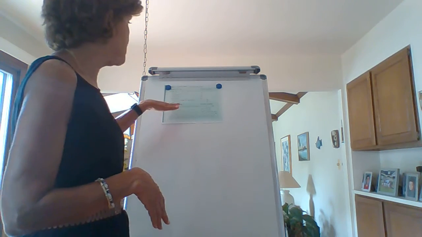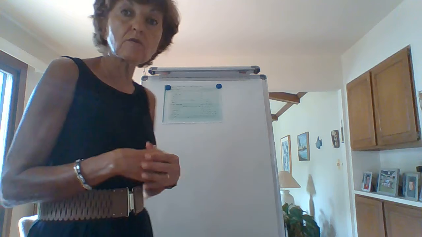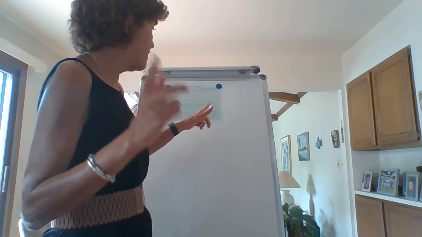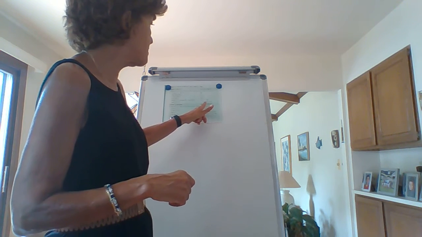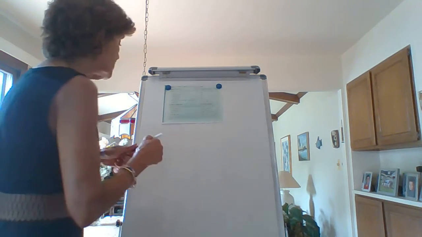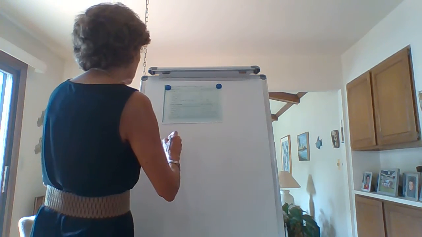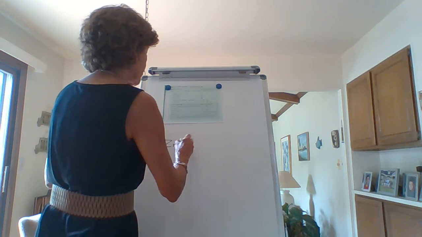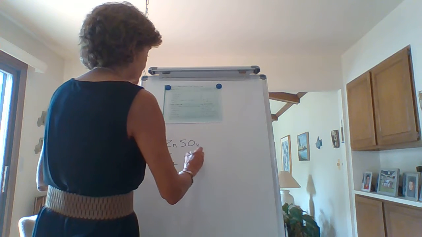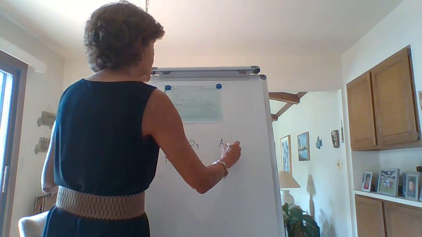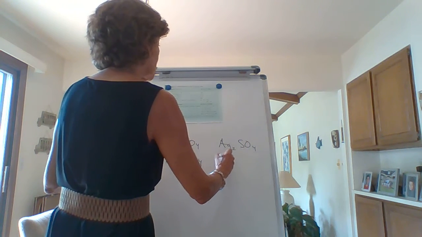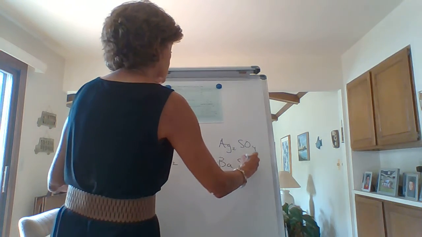And then the last in this category of the soluble compounds are the sulfates. So the rule says that all sulfates are soluble unless they're hooked up to a calcium, strontium, barium, or lead-2. So what that means is that if you have, let's say, a zinc sulfate, or a potassium sulfate, or a silver sulfate, or a barium sulfate, you take a look.